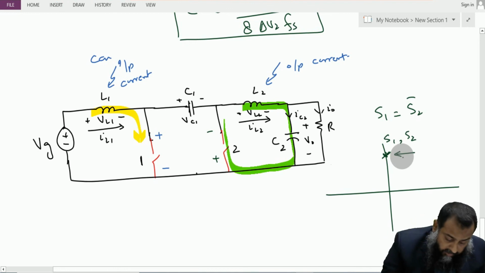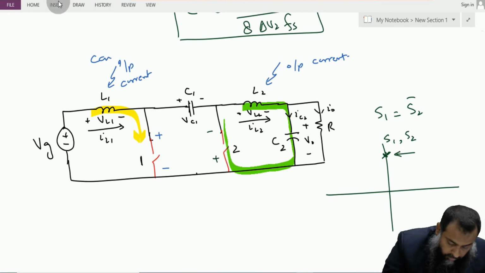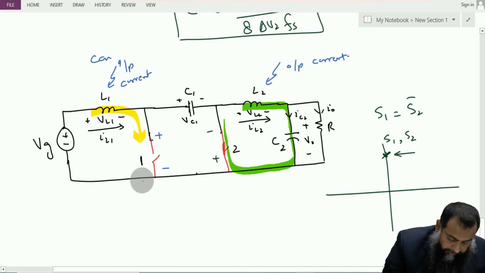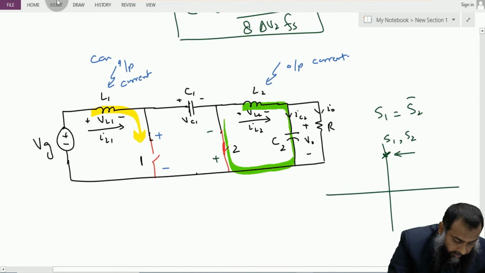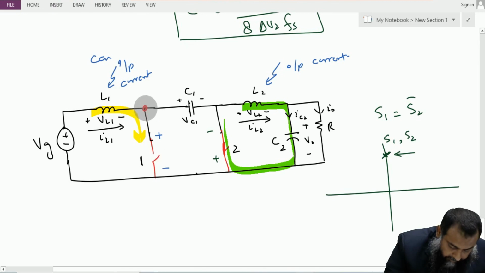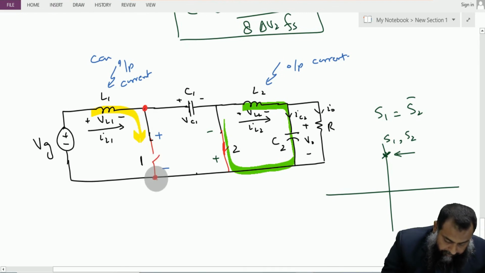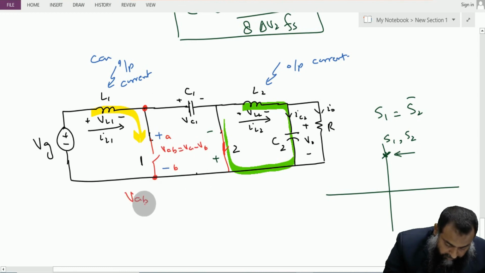As far as the voltage is concerned, when this switch S2 is closed and this is open, then this particular point and this particular point shall have a voltage difference. Let us say this is A, this is B, then VAB is equal to VA minus VB, and VB is grounded, so VAB is always greater than 0.